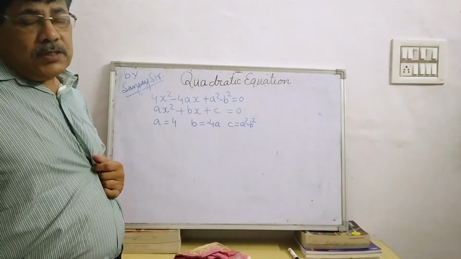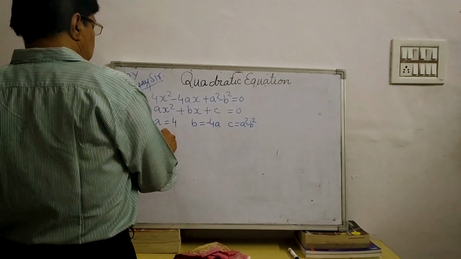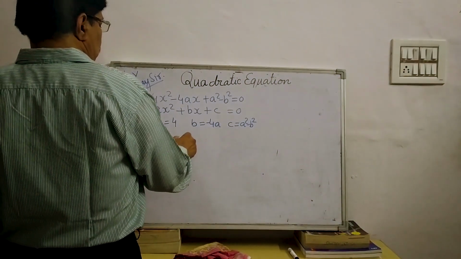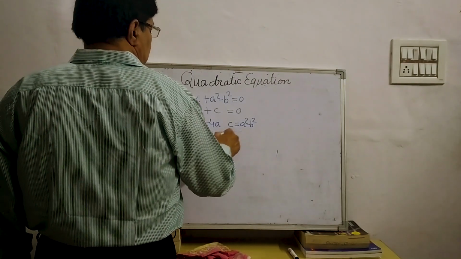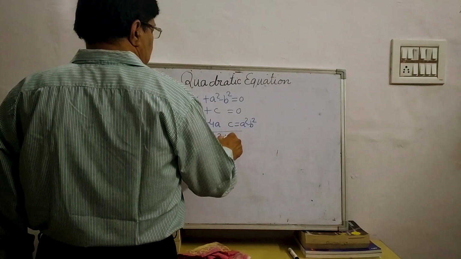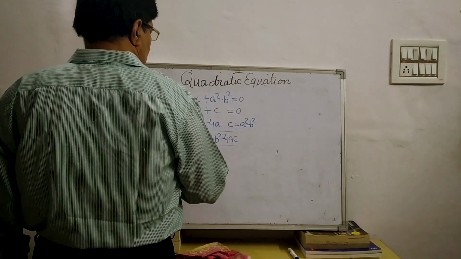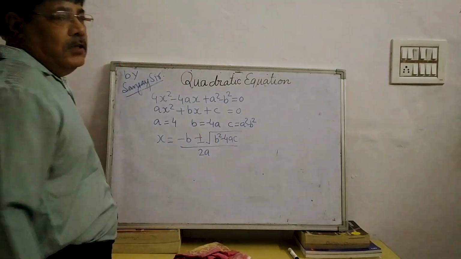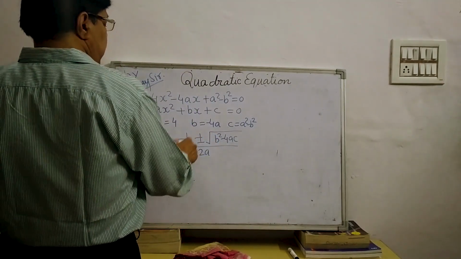Clear? Now apply the formula. So what is the formula? x equal to minus b plus minus under root b square minus 4ac upon 2a. Now I will put the values in this formula. Directly put it.